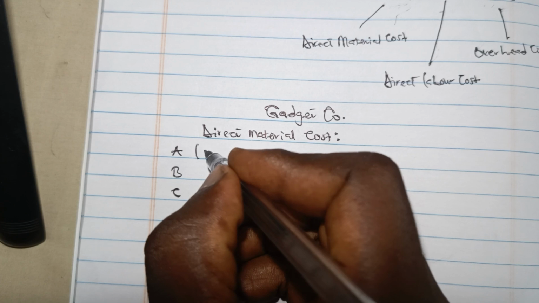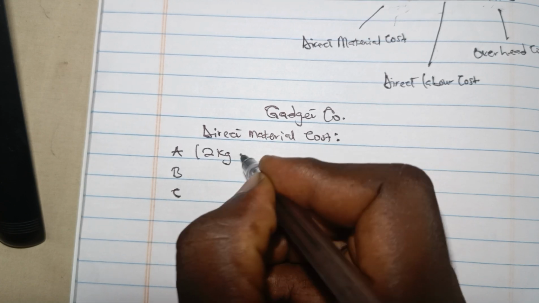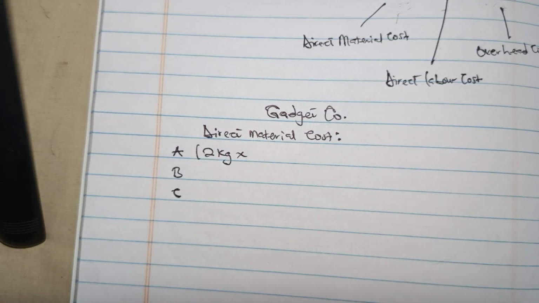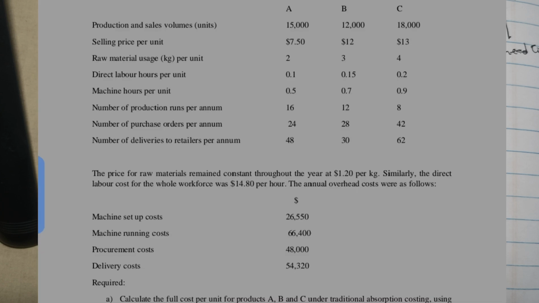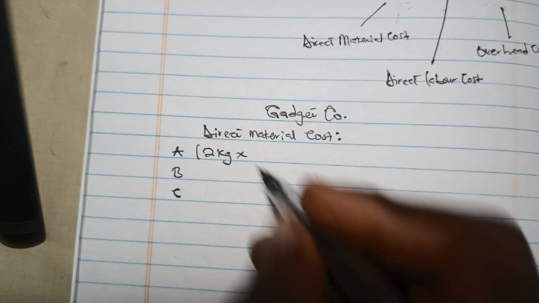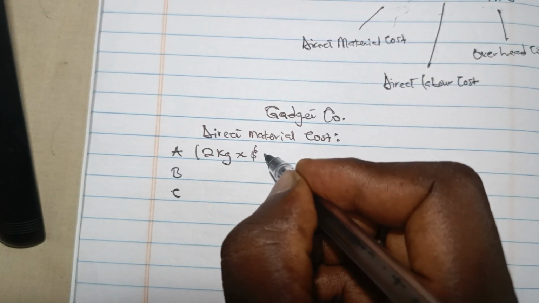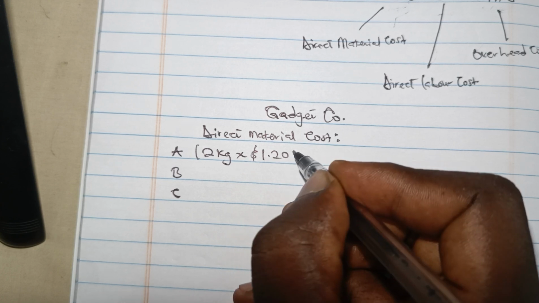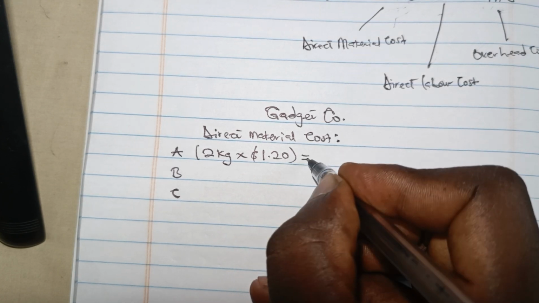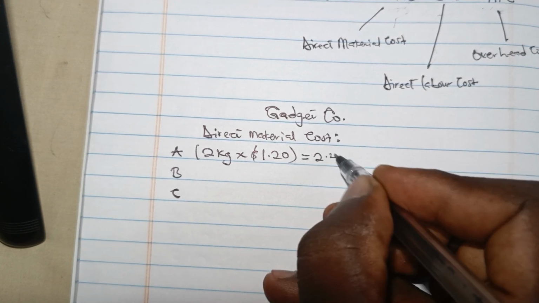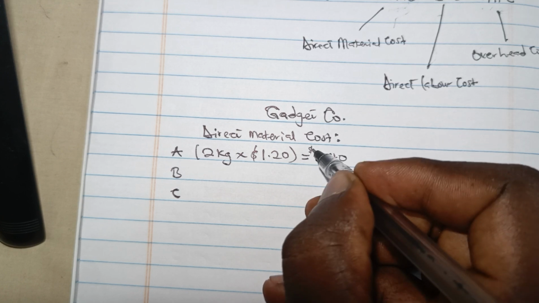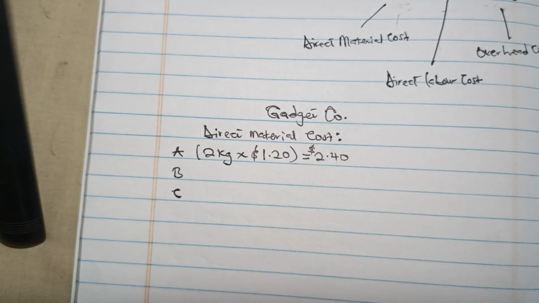So we apply the same. Here is 2 kg. Now in the question, the cost of raw material was $1.20 per kg. We multiply that and we are going to get 2.40, which is dollars, so please don't forget this.